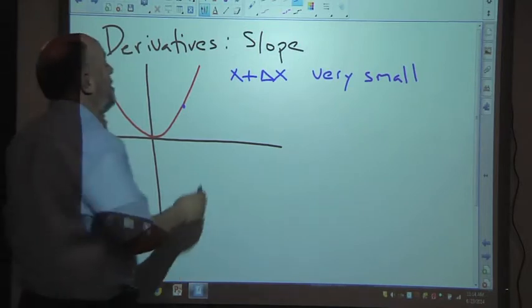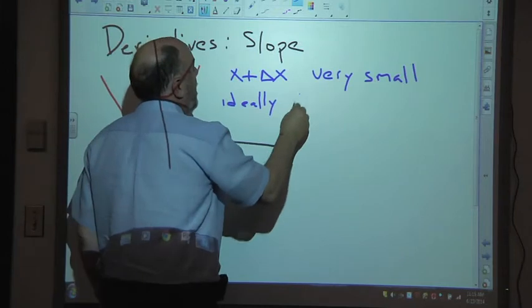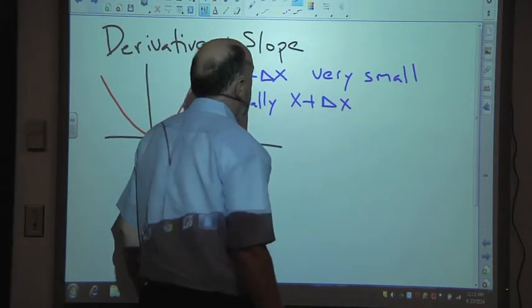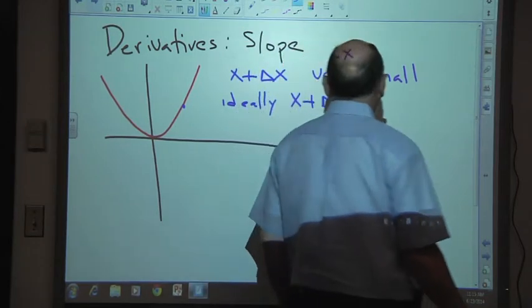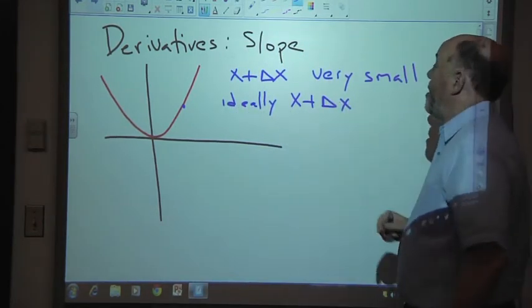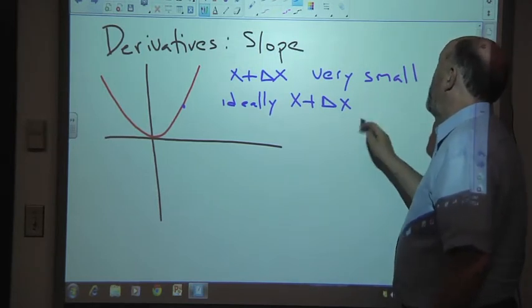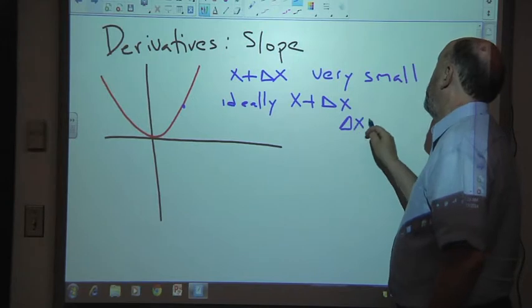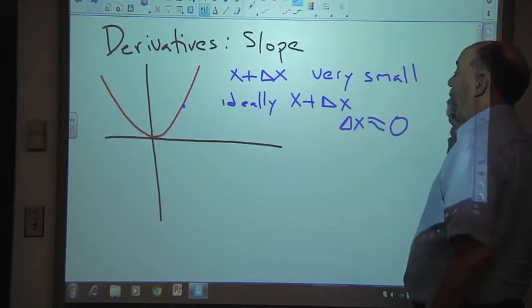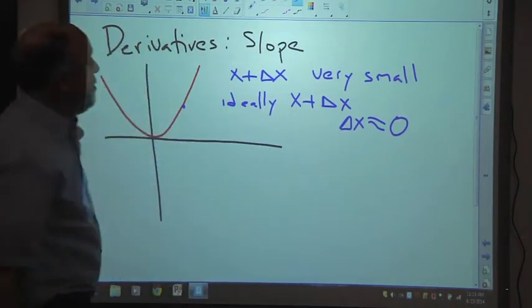In fact, ideally, we want x plus delta x to be so small that delta x is basically 0. So we want delta x to basically be 0 here.